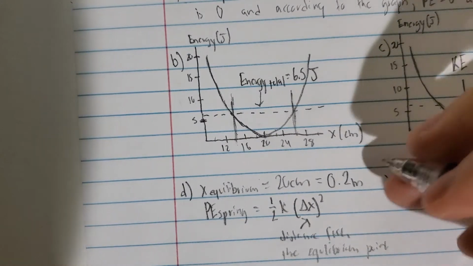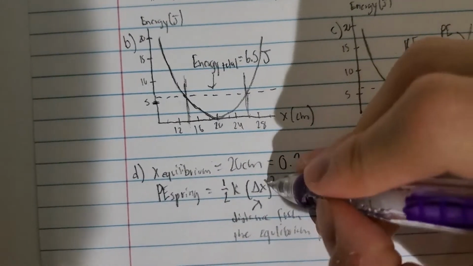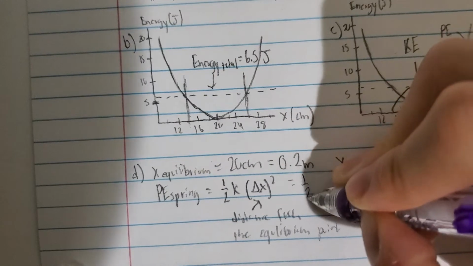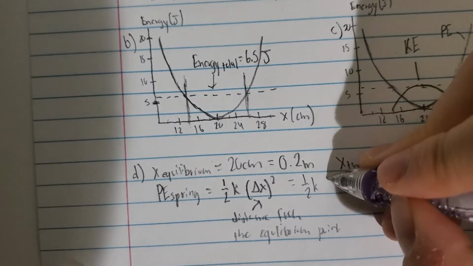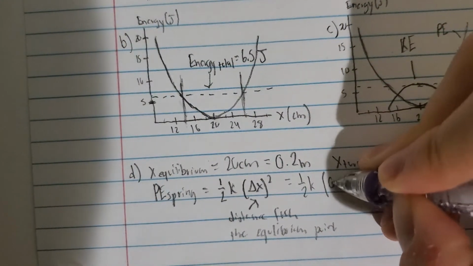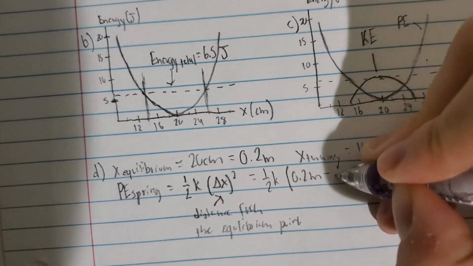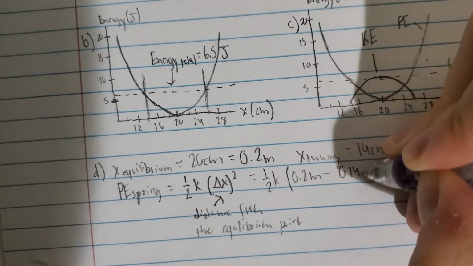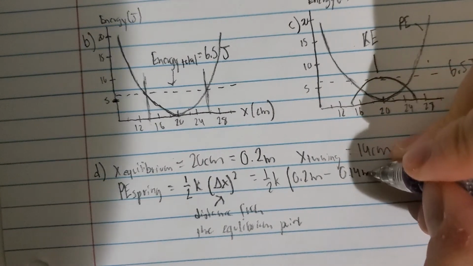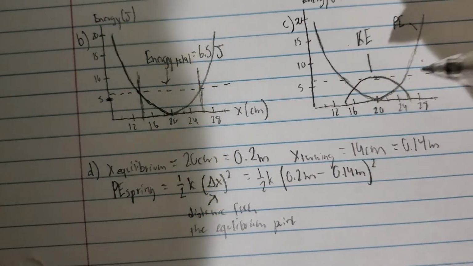So once I plug in my numbers, this delta x is going to be equal to 0.2 meters, my equilibrium point, minus 0.14. So that is the distance from my equilibrium point, and squared.